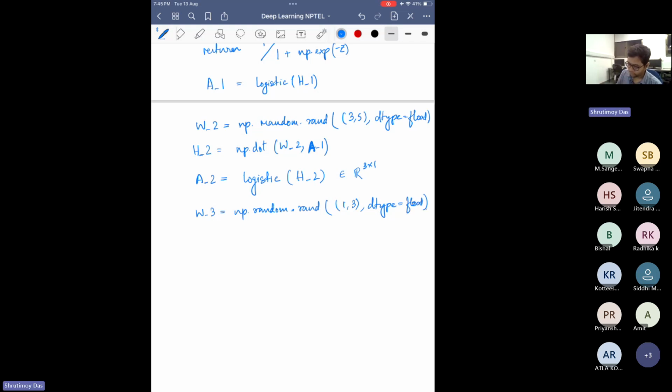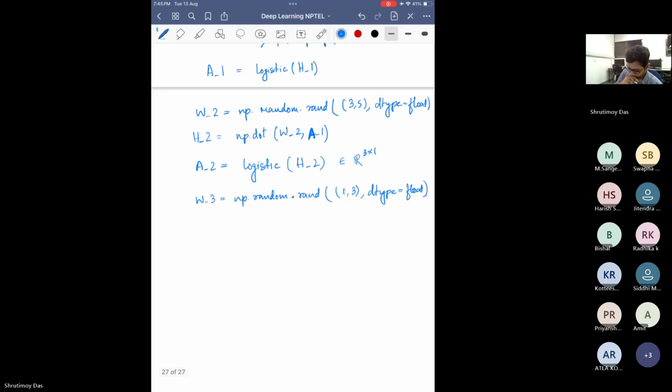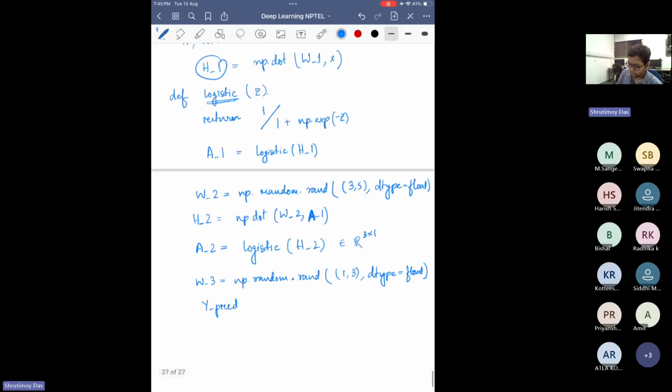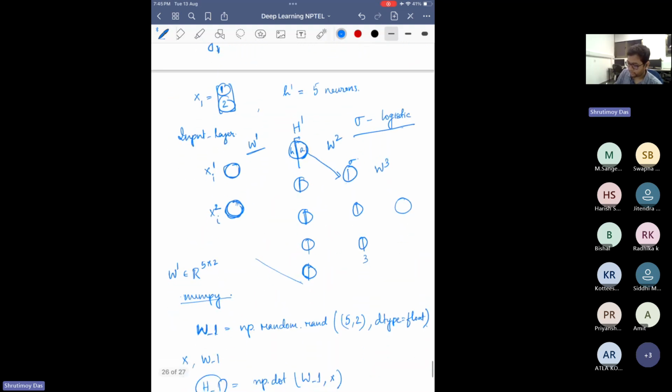So we have this W3 here. What is the activation function I need to use here? This is a regression problem. What will the activation function be here? We get H3.